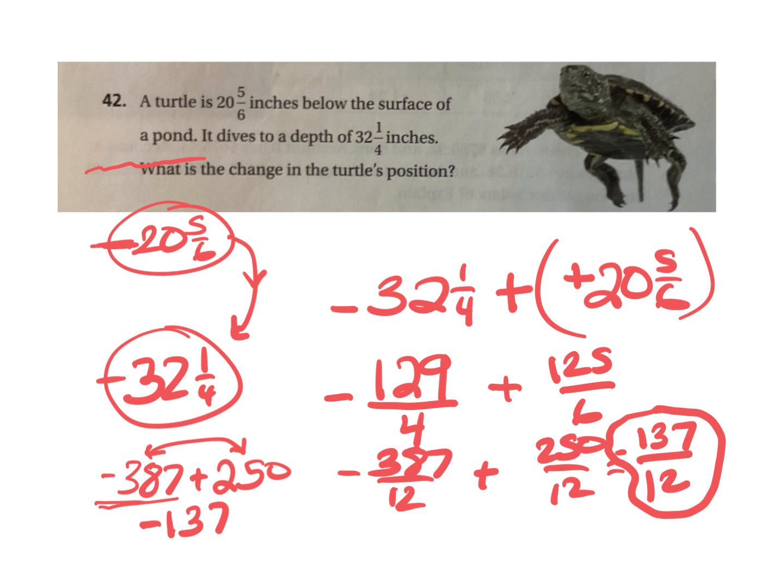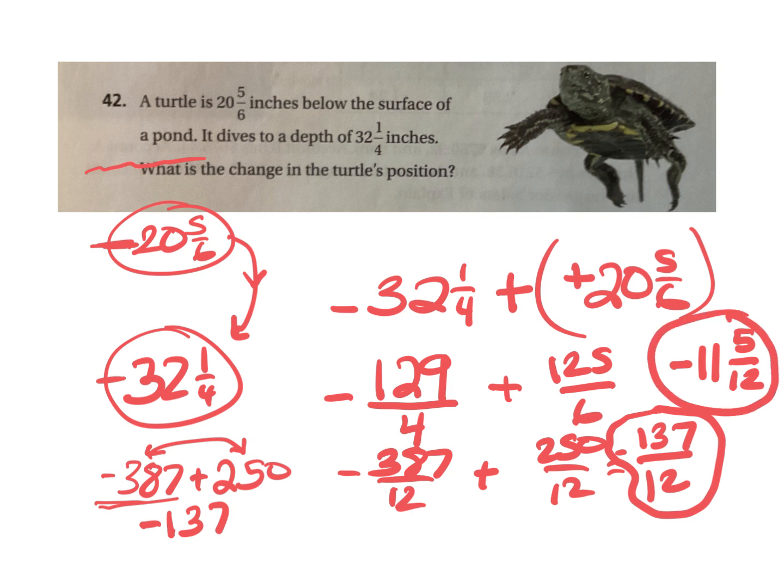How many times does 12 go into 137? Well, it goes into there 11 times. So it's going to be a negative 11. And 12 times 11 is 132. So then it leaves me with 5 left over. Negative 11 and 5/12.